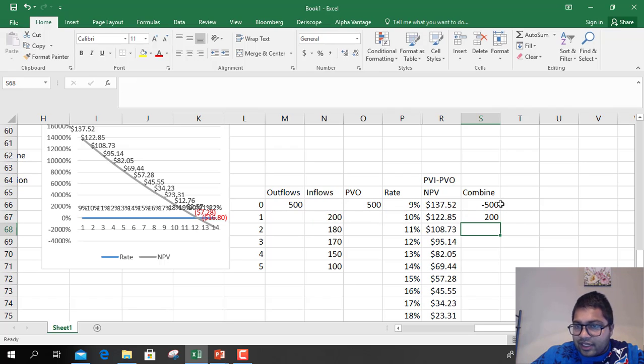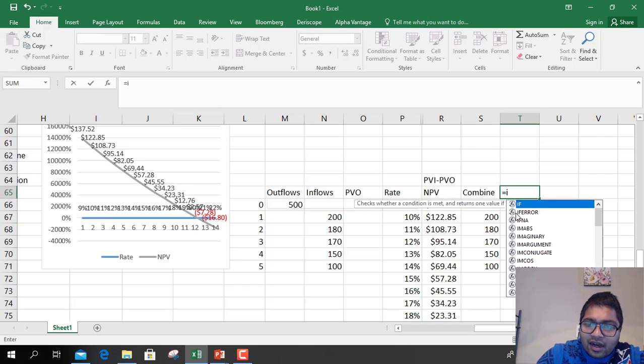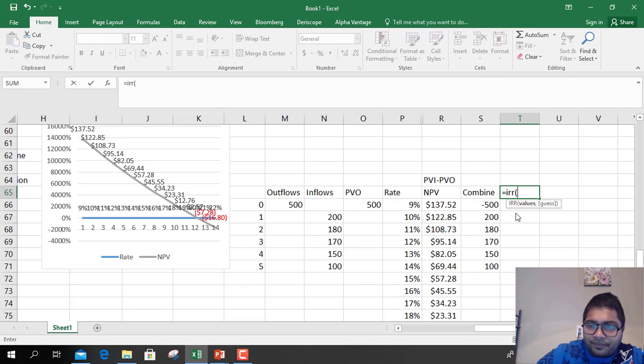So we combine inflows and outflows. Okay. So 500 outflow, 200 inflow, 180 outflow, 170 outflow, 150 outflow, and 100 outflow. So we combine inflows and outflows and then use an Excel function called IRR, internal rate of return.